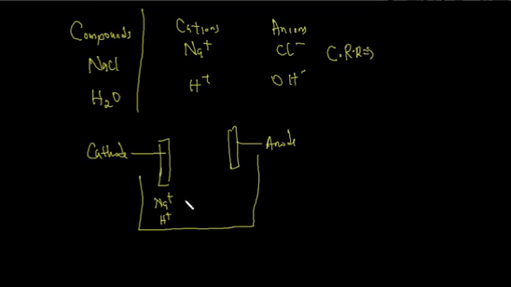Between the two of them, Glory chose H plus, so we are going to be removing H plus. If H plus is going to be removed, will it be discharged by oxidation or by reduction? Reduction. Thank you.